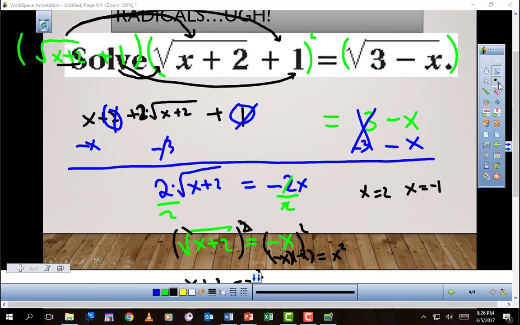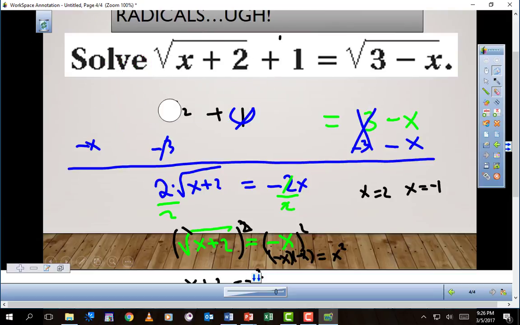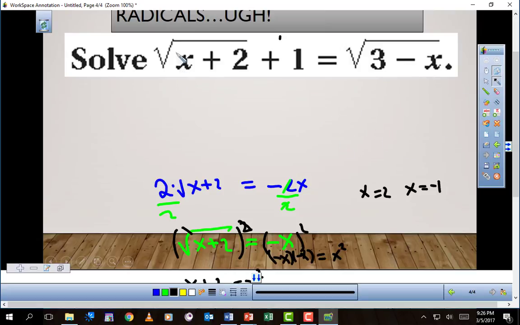Okay, so if we try this in our original equation, see if they work, what happens? If we put a 2 here, we'd have 2 plus 2 and square root of 4 is 2 plus 1, which equals 3.